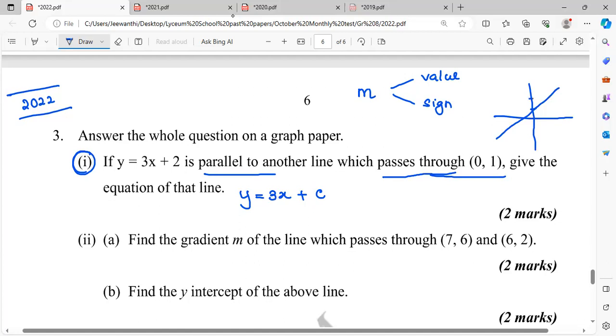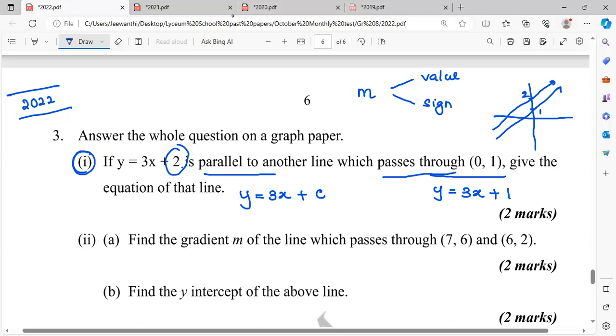The earlier one goes through like this. So the two lines are parallel to each other. One is going through 1 and the other one is going through 2. So the y-intercept here is plus 2. And the second line, the y-intercept is positive 1. That should be 3x plus 1. That is the answer for this Roman number 1, where you get 2 marks.